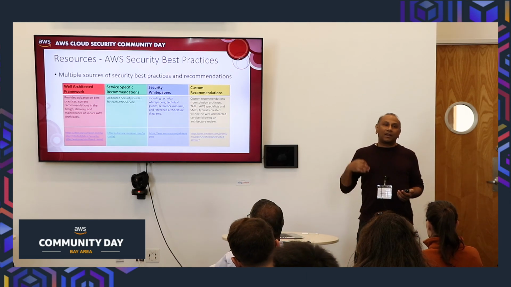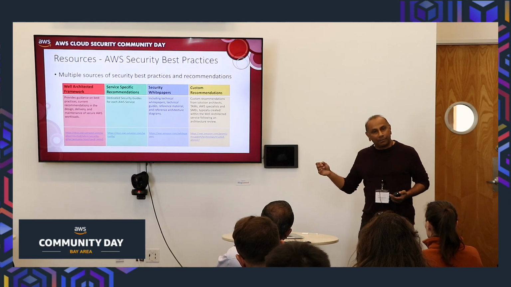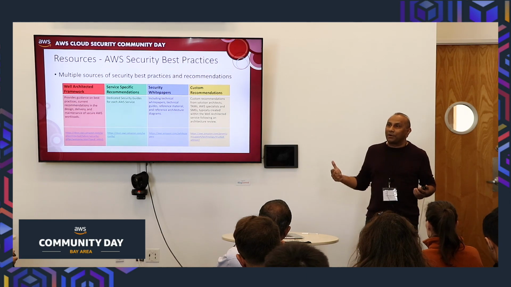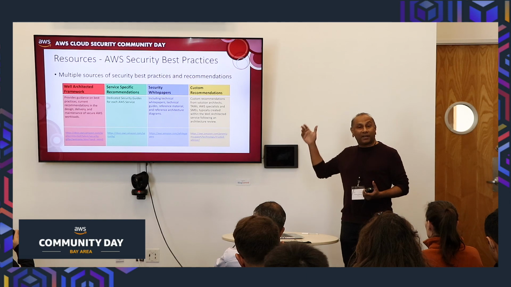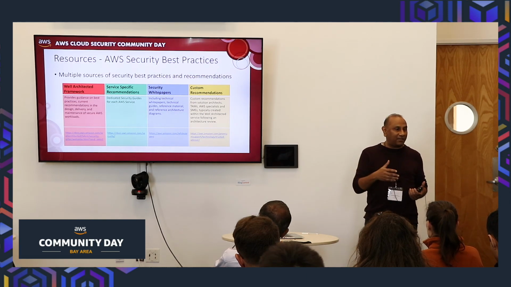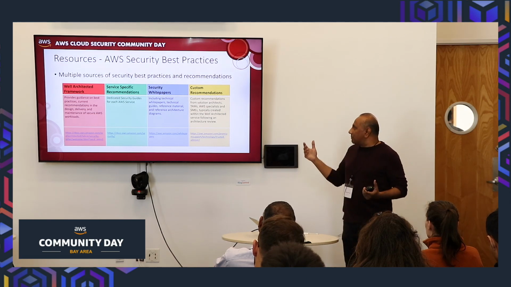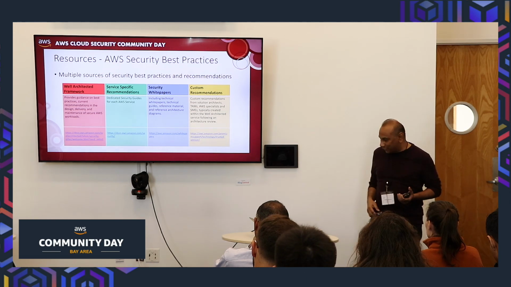For each service, there are again best practice recommendations, and then you also have white papers, which talk about much broader deployment and architecture and recommend best practices for that. And then you also get custom recommendations, which could come from SAs or AWS specialists that you have talked to. So net, there is a whole bunch of stuff that you're exposed to.